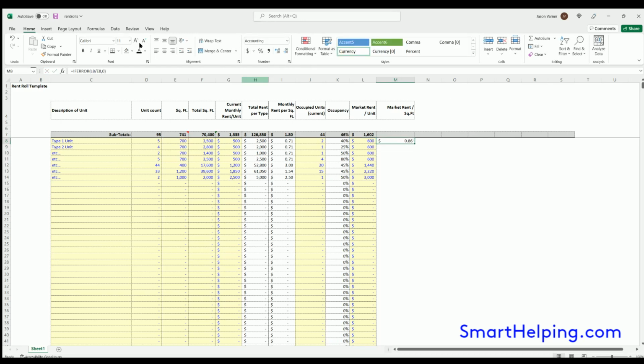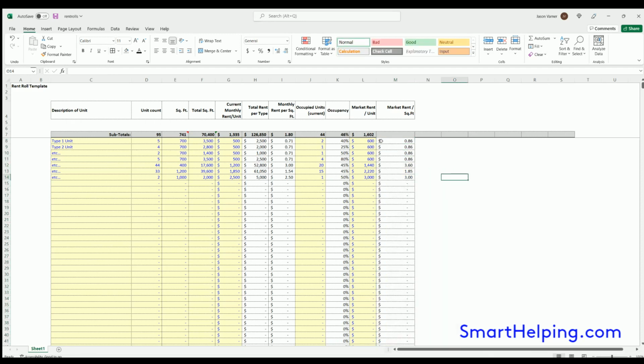Okay. Notice how we're keeping all the calculations in black text with white background, and every input would be blue text with yellow. Now, the weighted average here is going to be same calculation we did with this, and we'll take the weighted average rent per unit divided by the weighted average square foot per unit.